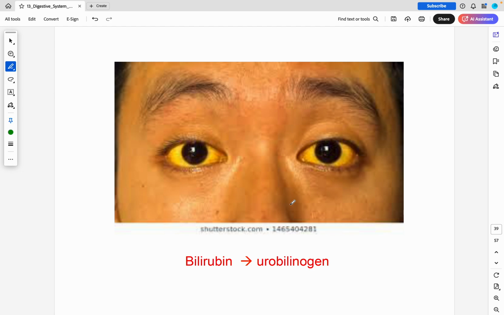The excess production of bilirubin and its unnatural decomposition or usage can result in a condition called jaundice, also called icterus.